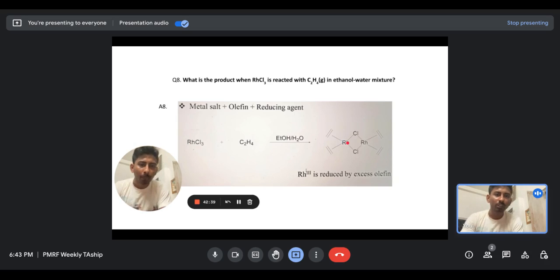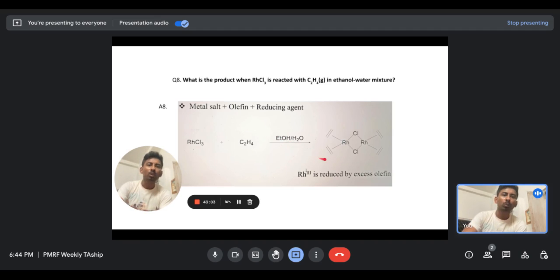Because two rhodiums are there and two chlorides are there, 2x minus 2 is 0. It is an electronically neutral system, and 2x is equal to plus 2, so x is plus 1. So both the rhodiums are in the plus 1 oxidation state. So from plus 3 we are going to plus 1, and this ethanol water mixture is taken as the solvent.